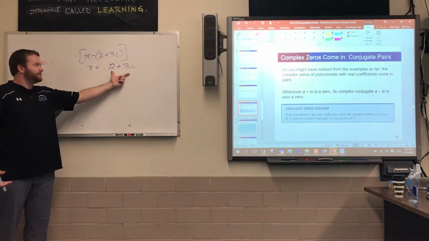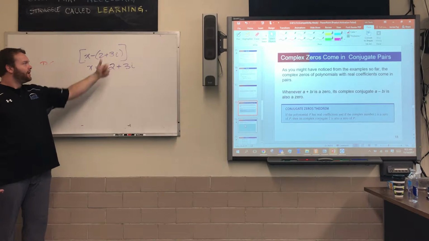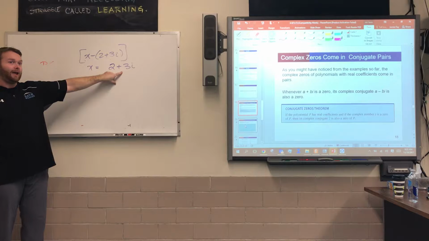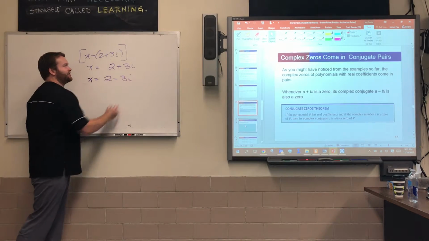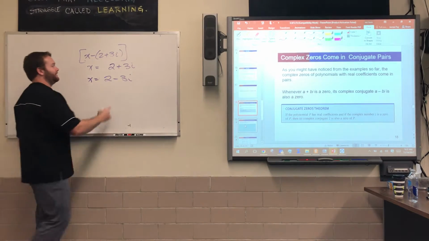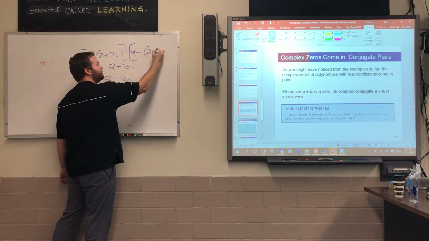Well, now it's a quantity, so it's a binomial, so we go x minus that quantity. But if 2 plus 3i is a zero, then x equals 2 minus 3i. Its conjugate is also a zero, and the factor that comes from would have been x minus the quantity 2 minus 3i.